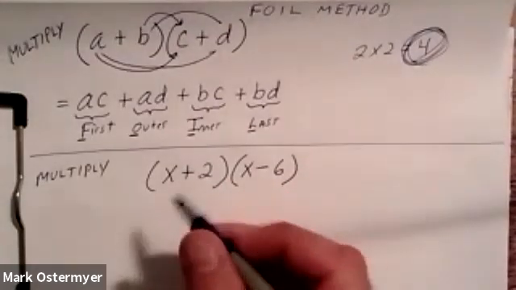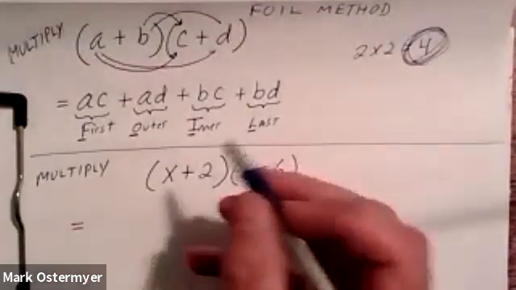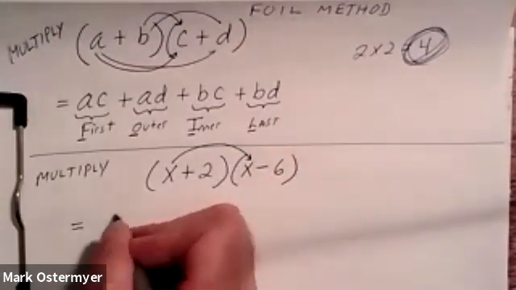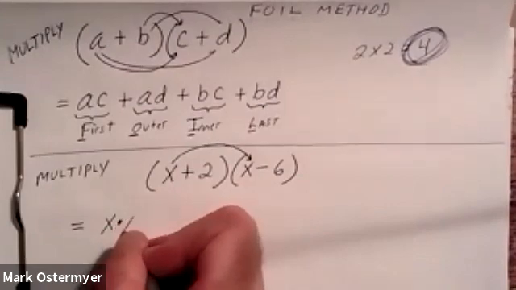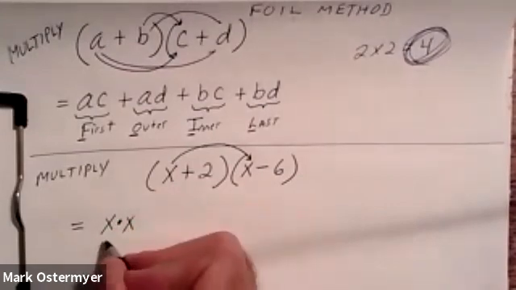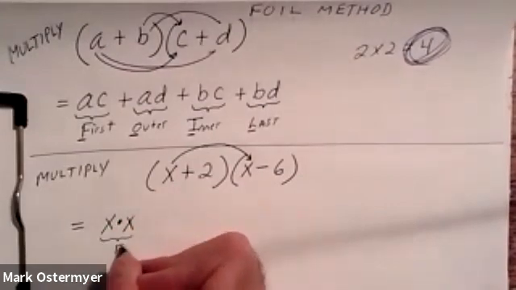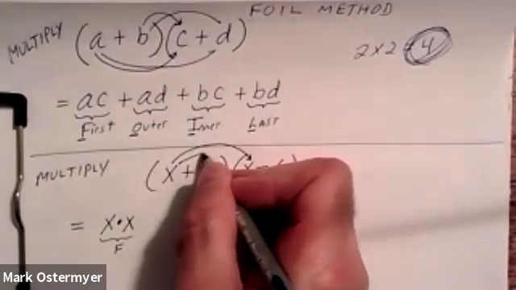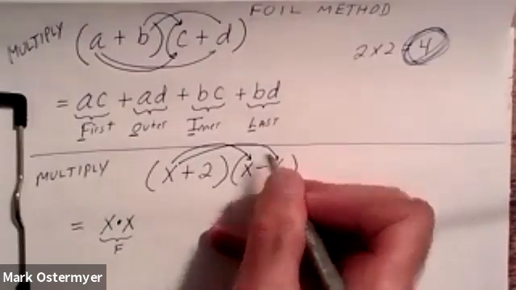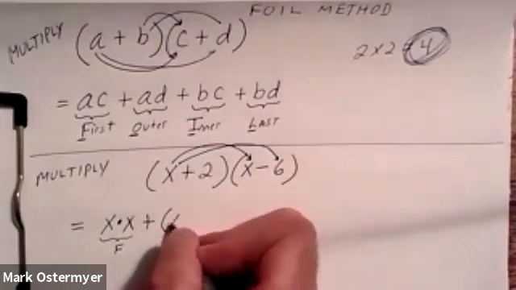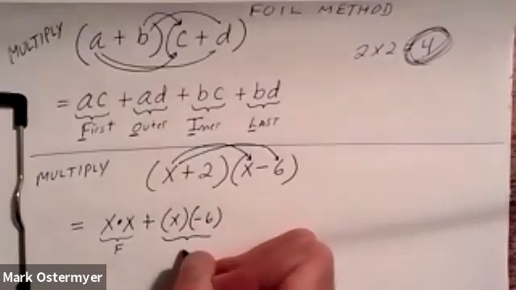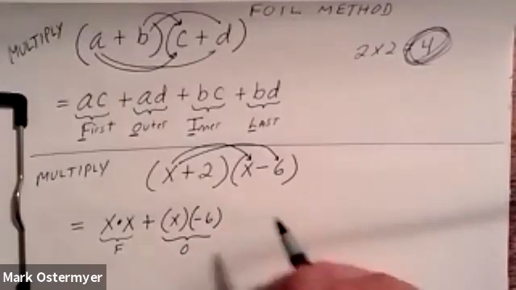To do so, we take the product of our first term. So x gets multiplied by x. X times x. That's the product of your first terms. F for first. Multiply the outer terms together. X times negative 6, plus x multiplied by negative 6. Product of your outer terms, O for outer.